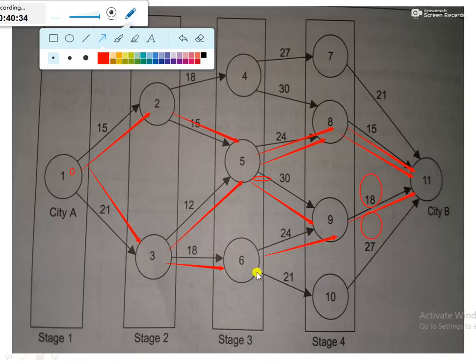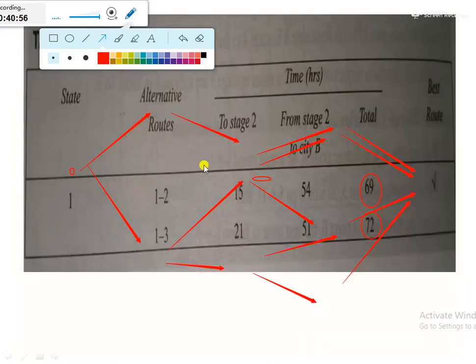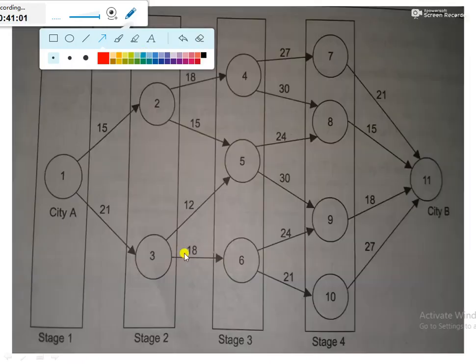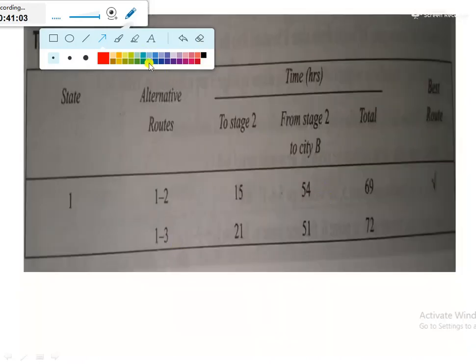And if he selects the route from 1 to 3, 3 to 6, 6 to 10, and 10 to 11, the total time would be 27 plus 21, 48 plus 18, 66 plus 21, so it would be 87. So the optimal route, out of these options, is 69.